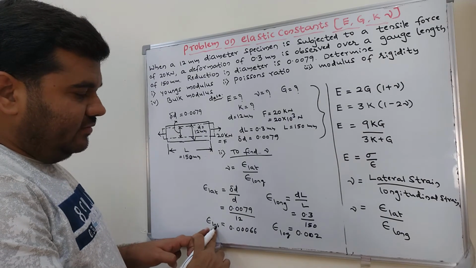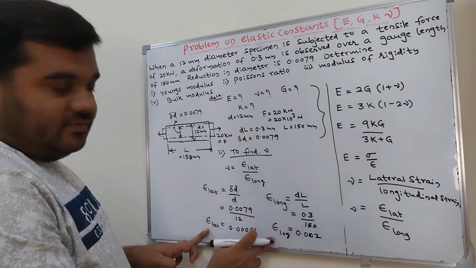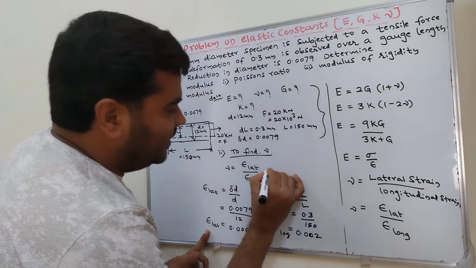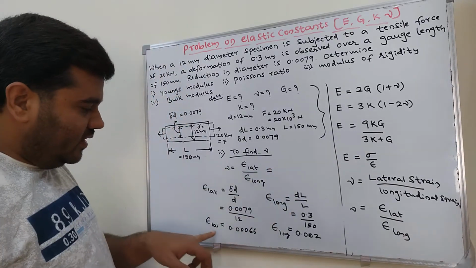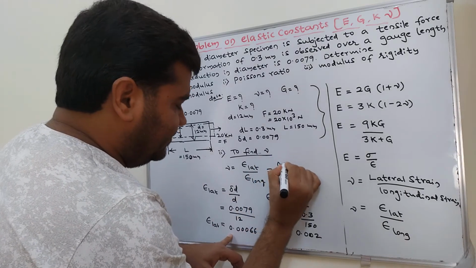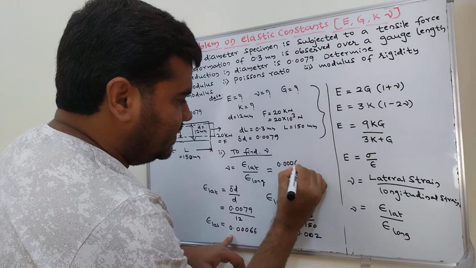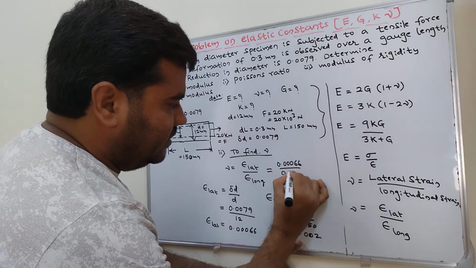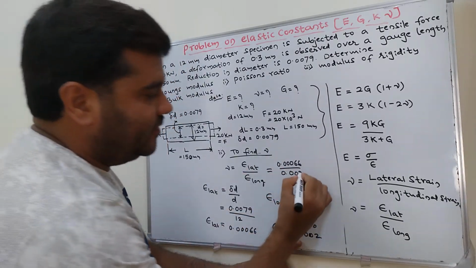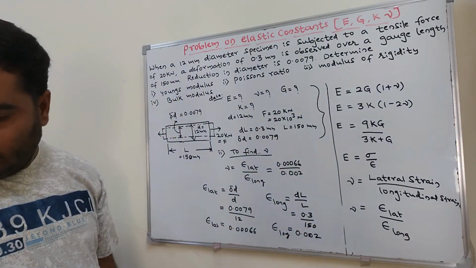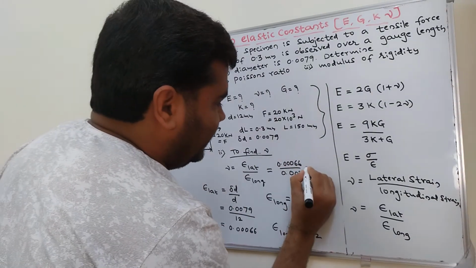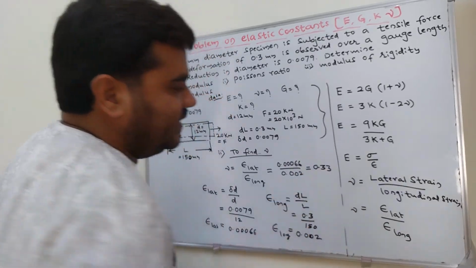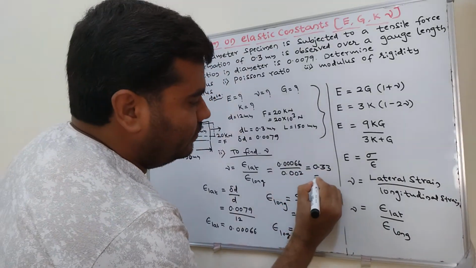Now we know lateral strain, we know longitudinal strain. Substitute in this equation, we will get the Poisson's ratio. Lateral strain is 0.00066 divided by 0.002, so we will get 0.33, the Poisson's ratio, that will be equal to nu.